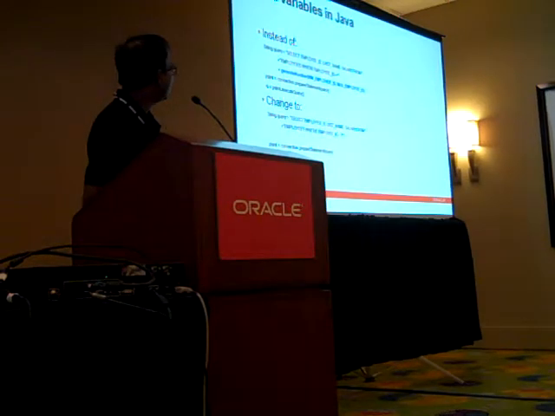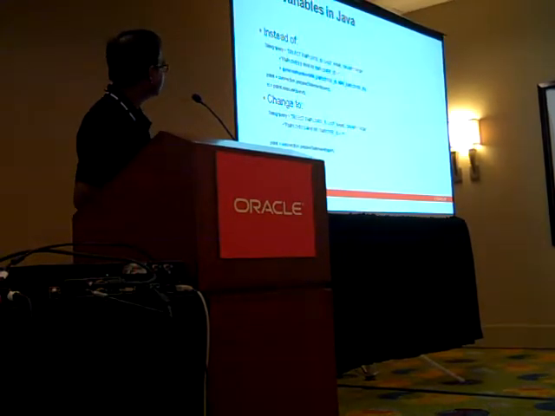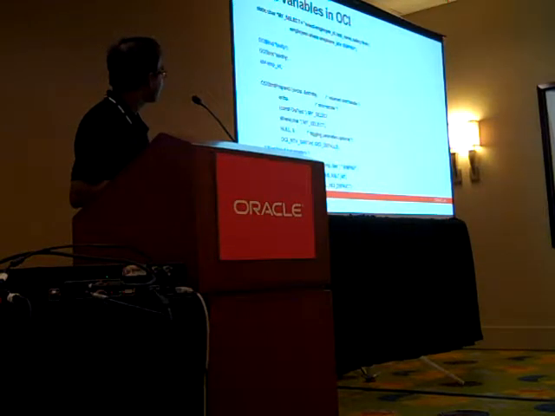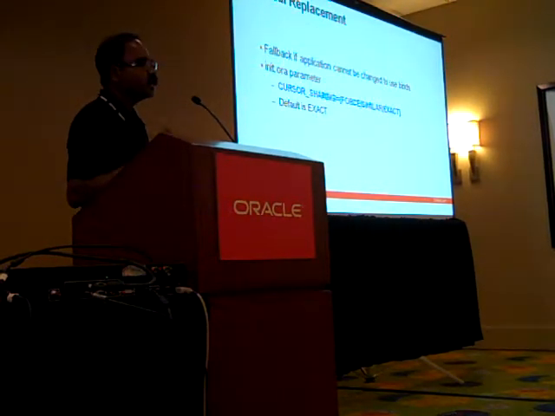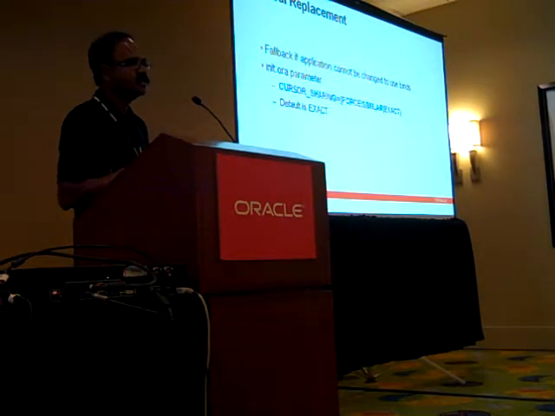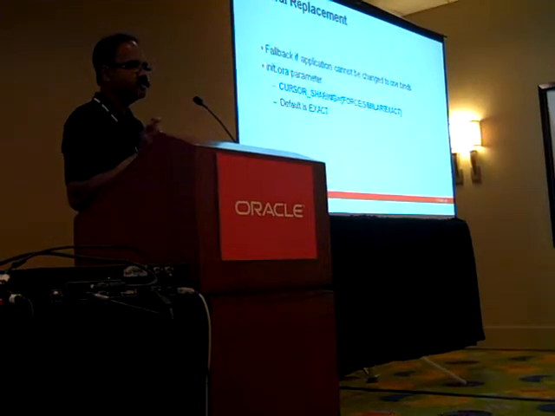This is an example of how you would do that in Java. Instead of using the generated number, the literal, you would replace it with a bind. And this is a bind variable example in OCI. There are cases where you are not able to change the SQL to use binds.